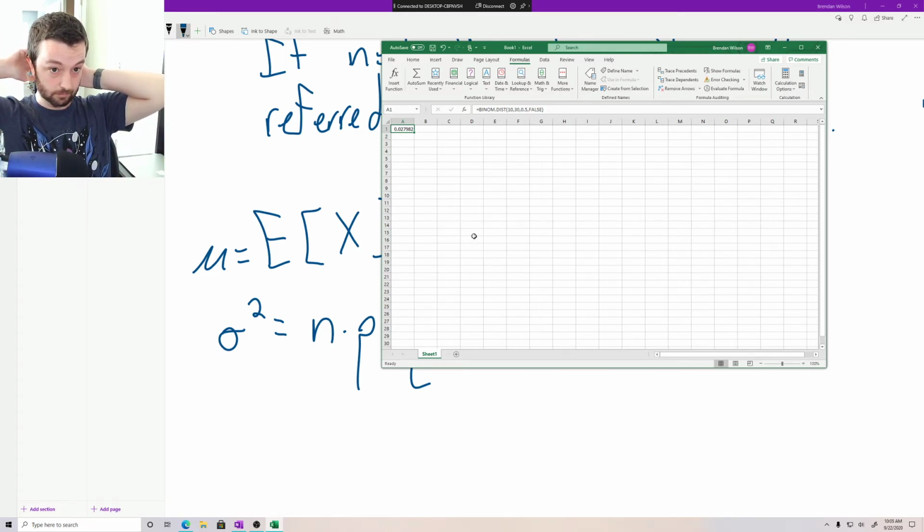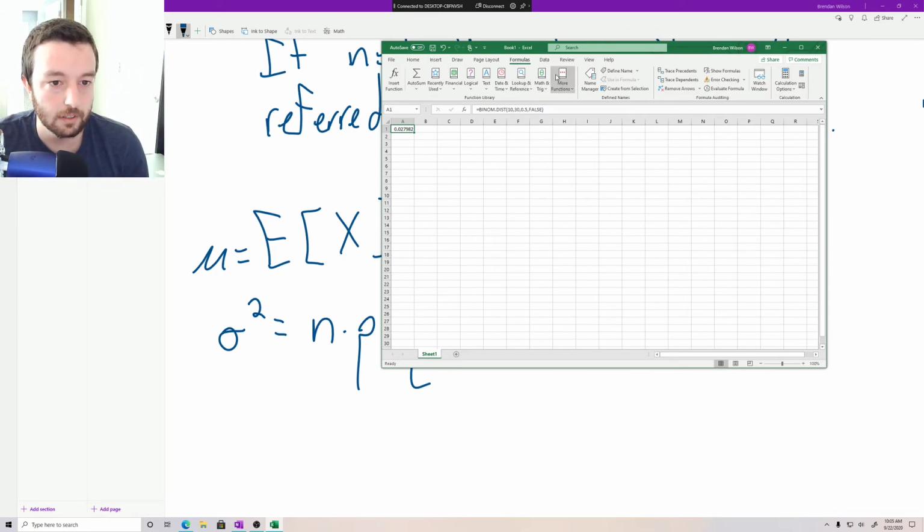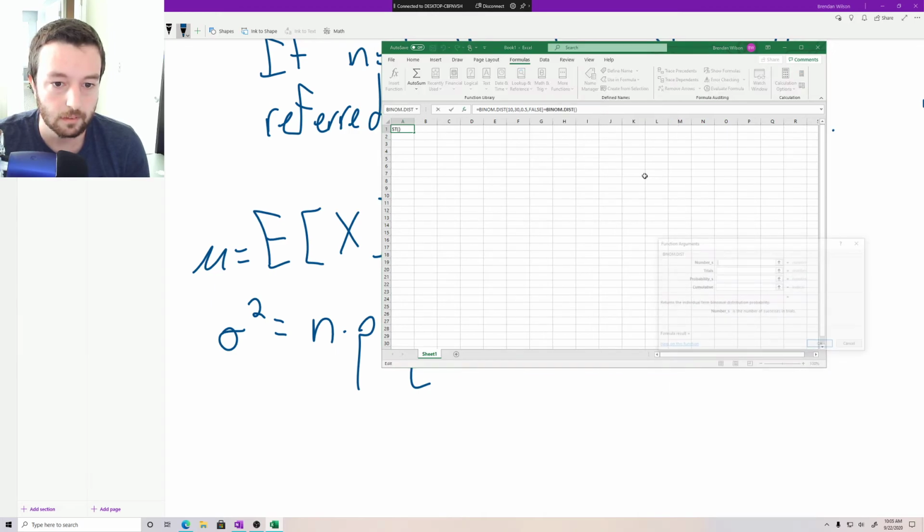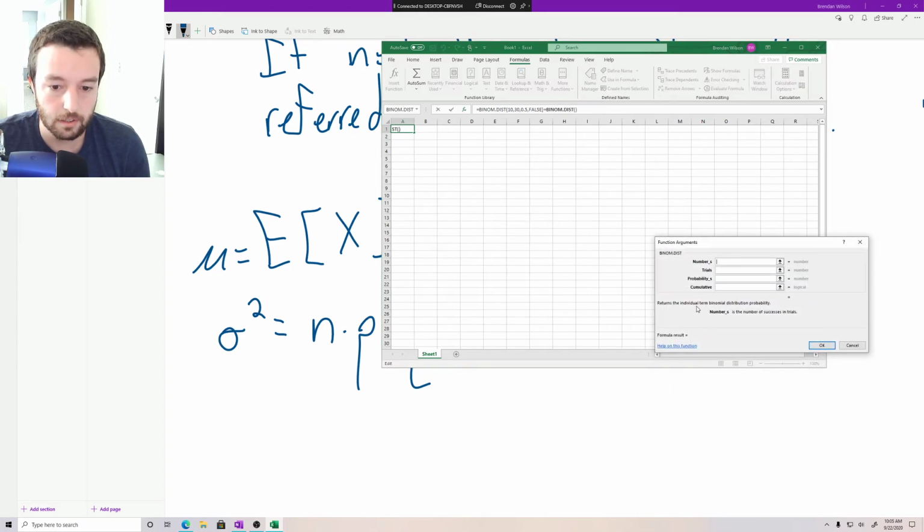So what is this giving us? I'm not sure. What did the formula say? Returns the individual term binomial distribution probability.